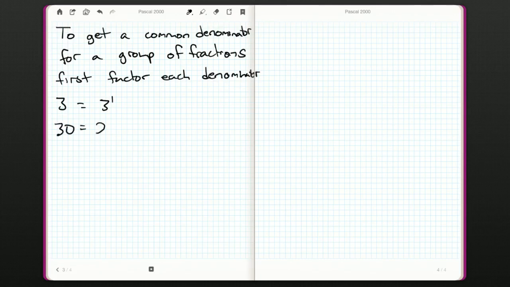30 can take a little while, but we can figure out that 30 is actually 2 to the power 1 times 3 to the 1 times 5 to the 1. How about 10? That's 2 to the 1 times 5 to the power of 1. 15 is 3 to the power 1 times 5 to the power 1. And finally, 5 is just 5 to the power of 1.